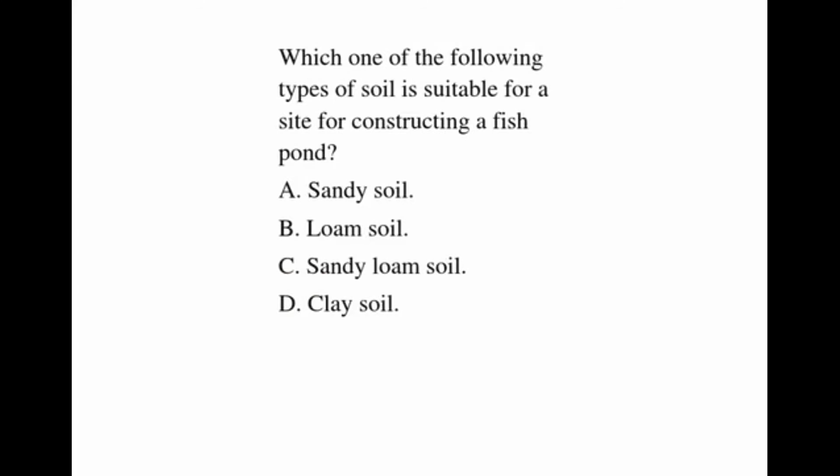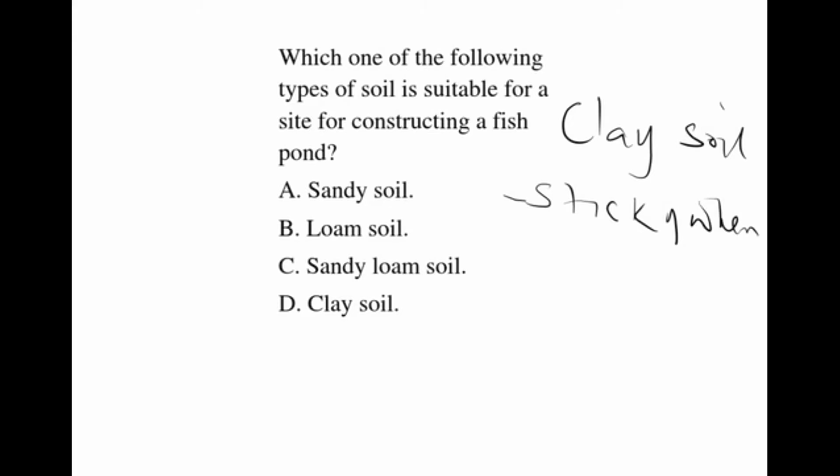Which one of the following types of soil is suitable for a site for construction of a fish pond? When you look at a fish pond, it is usually located in areas with clay soil. It is located in areas with clay soil because 1. Clay soil is sticky when wet. 2.